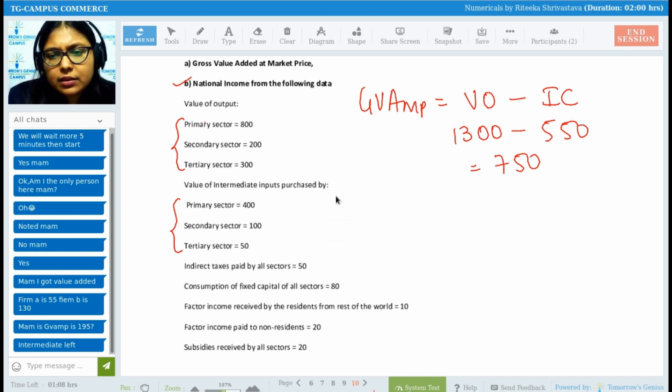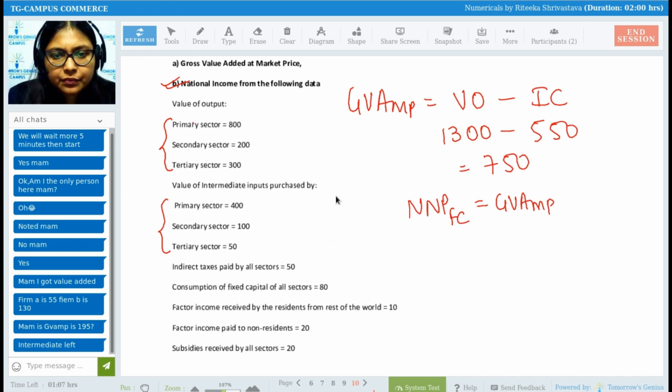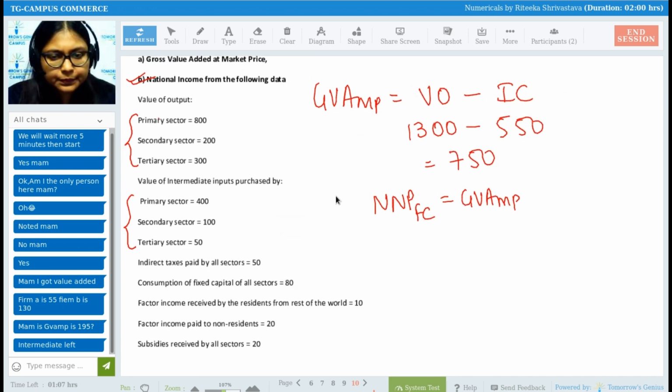Now they have asked you NNPFC, that is national income. The aggregate which you have to find, you keep on the left hand side, and the aggregate which you have, keep on the right hand side. So from gross to net, what do we do? Minus depreciation.